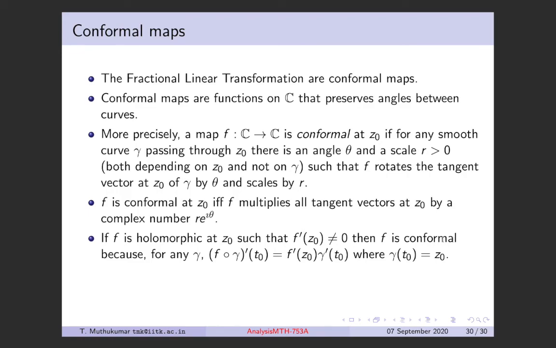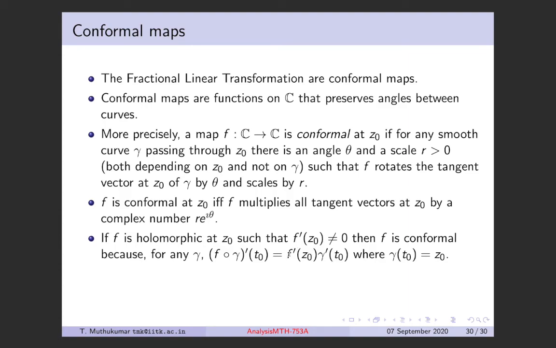The proof is very simple, because if I take any curve gamma on the domain, then the image is the curve f composed with gamma, and the tangent vector at that point is precisely the derivative of that, which by chain rule is f prime z naught times gamma prime t naught, right?